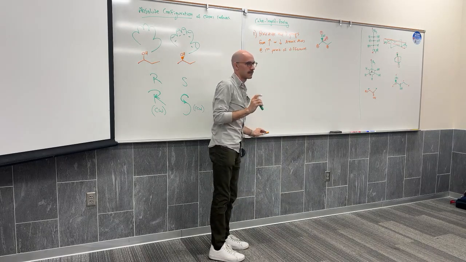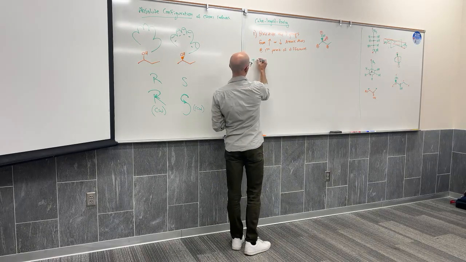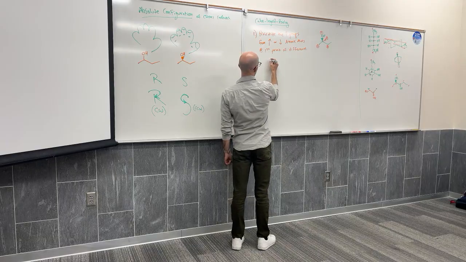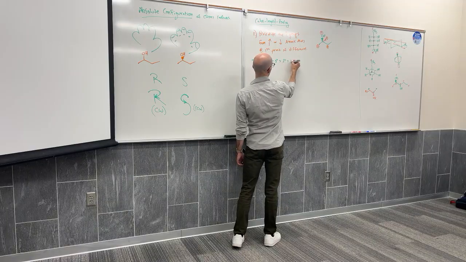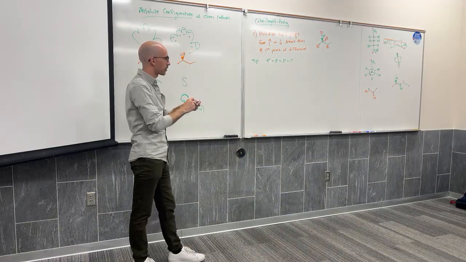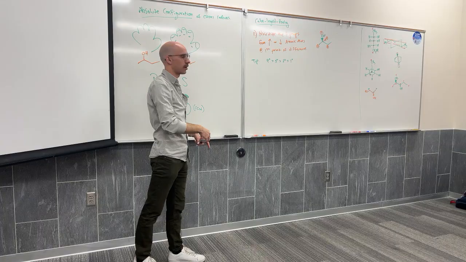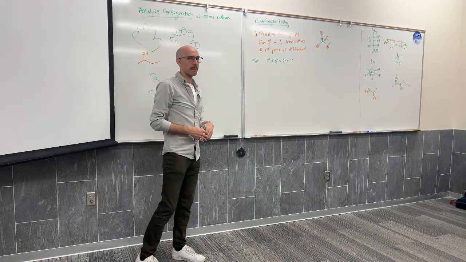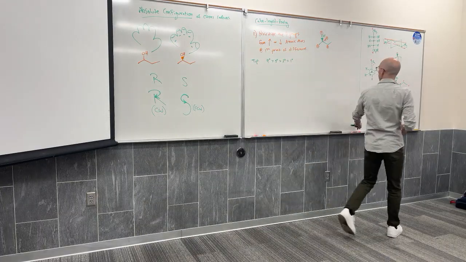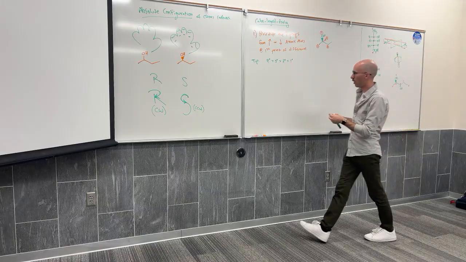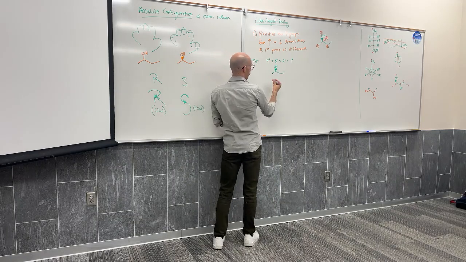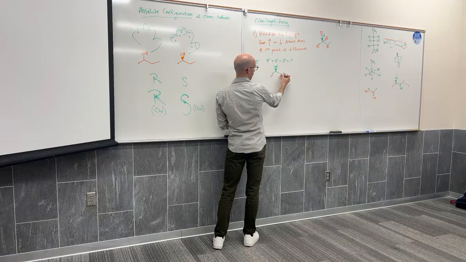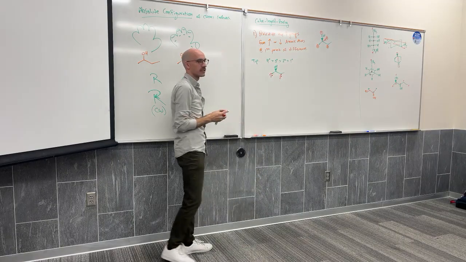I want to give you guys a tip here with rule number 1. Quaternary carbons are higher priority than tertiary carbons, than secondary, than primary carbons. So what we were doing in deciding the priority between ethyl and methyl was really just looking at a secondary carbon versus a primary carbon.